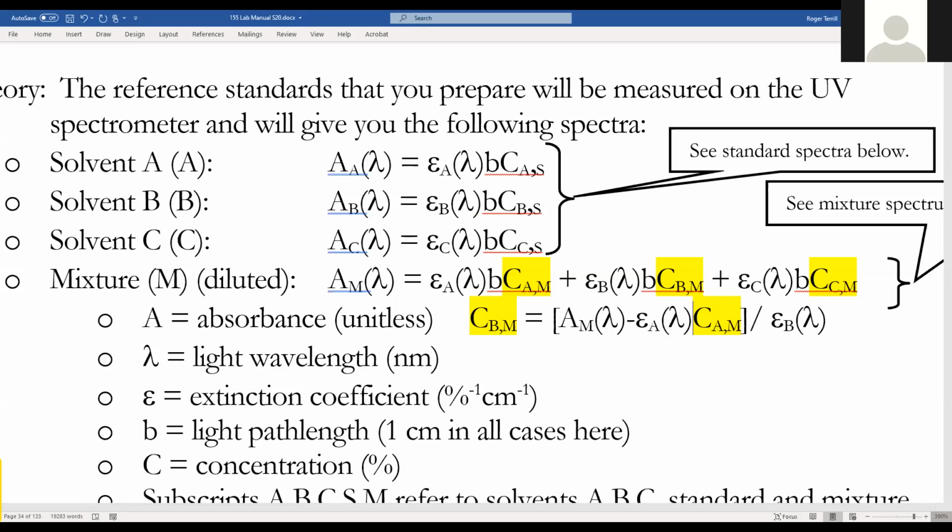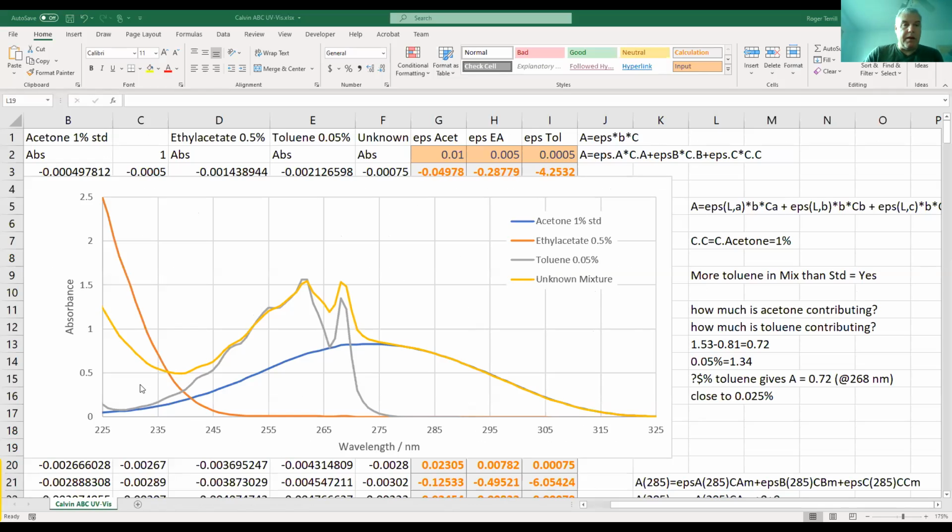And now when we've done this, we have two of the three components. And now all we need to get the third is a wavelength where the absorbance of ethyl acetate is non-zero and non-ridiculous too.